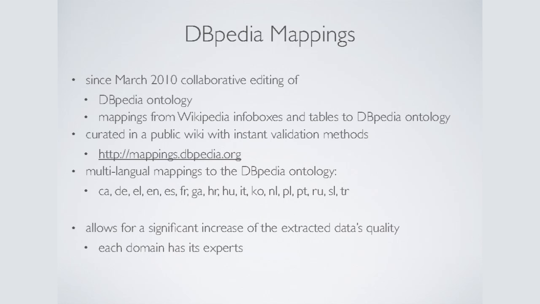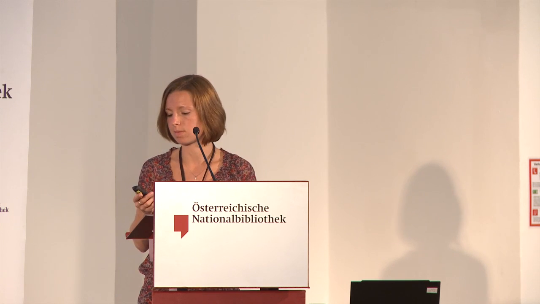Last year we opened up not only the ontology for collaborative editing on a wiki, but also the mappings for Wikipedia tables and info boxes to this ontology, which by now has grown to a community of 7 languages being mapped to the ontology, which allows for a significant increase of the extracted data's quality, because each domain and each language has its own experts.